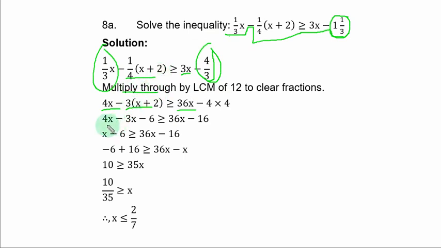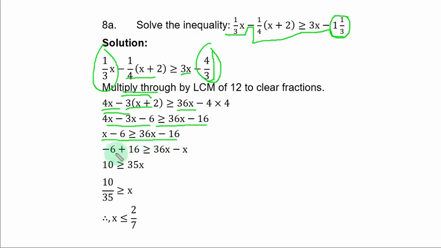So you have 4s minus 3s minus 6, minus 3 times plus 2 is minus 6, greater than or equal to 36s minus 16. So let's add the like terms before collection. 4s minus 3s, you have s minus 6 greater than or equal to 36s minus 16.